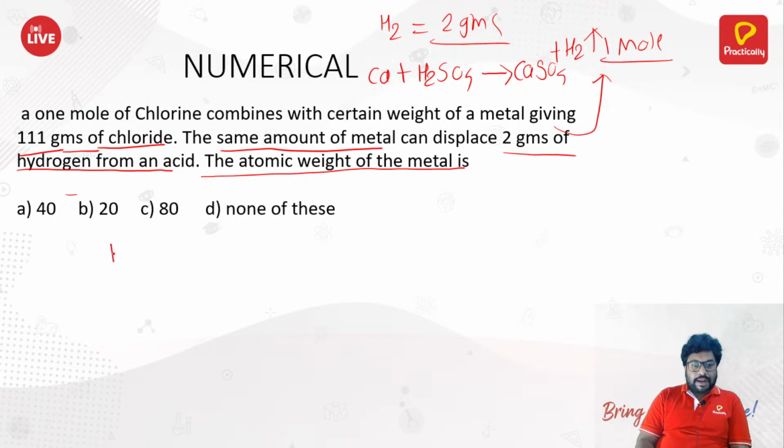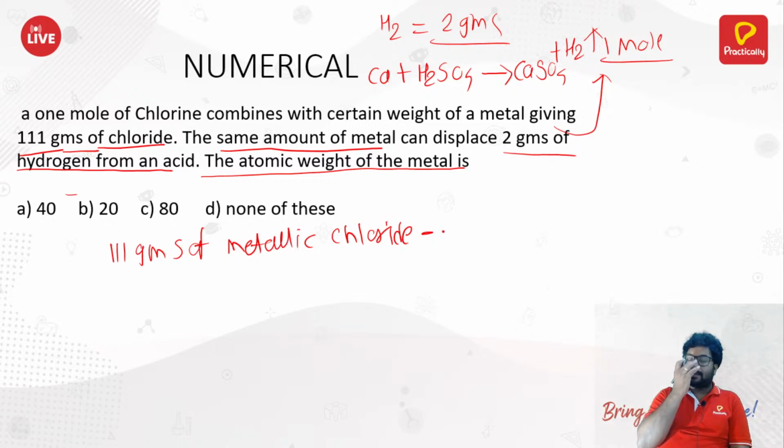That means your 111 grams of metallic chloride is having 2 chlorine. Now each chlorine atom's atomic mass is 35.5. So if you have 2 chlorine, 35.5 into 2, it becomes how much? 71. So we need to find out the amount of metal in it, right? So that is why I'm doing this.